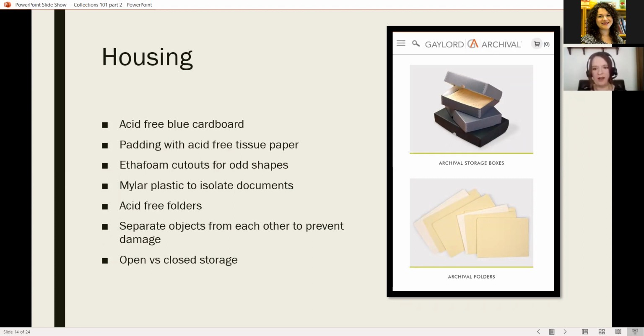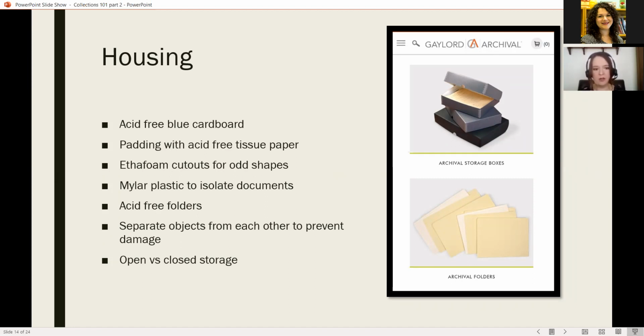They have a wide variety of sizes of boxes and things of that nature, but they are rather expensive. So plan strategically. But generally when we talk about housing, acid-free blue cardboard and any sort of acid-free, stable plastics and papers are best for long-term storage.